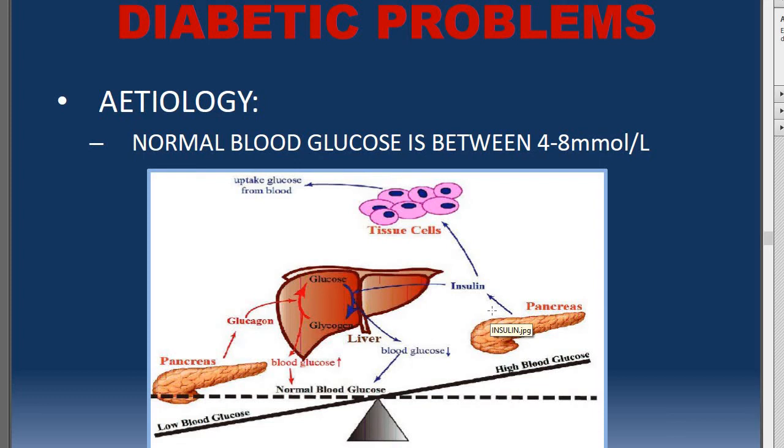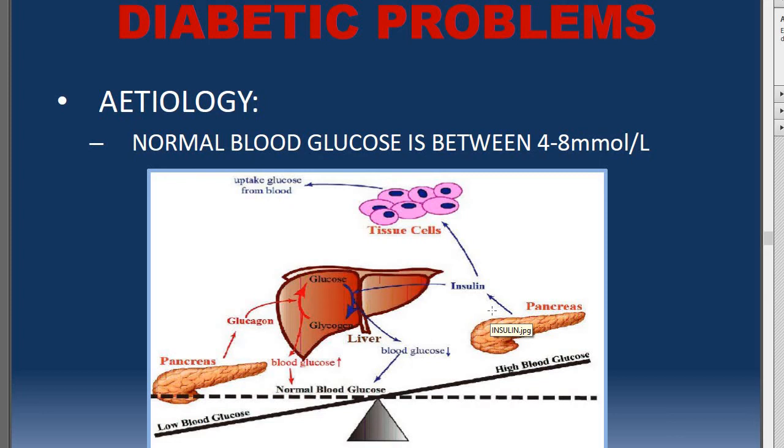So if you don't have insulin, all the sugar stays in the blood, and it doesn't get to the cells. So the cells aren't getting that sugar to provide energy.